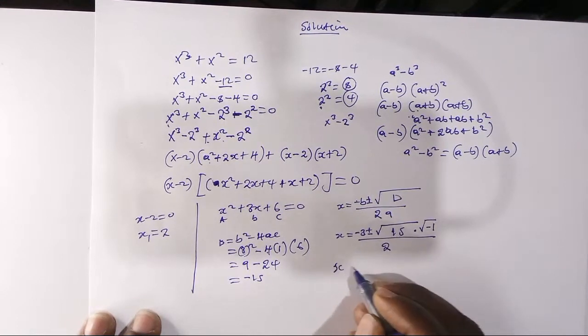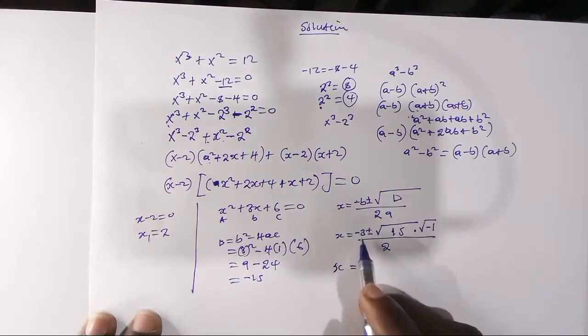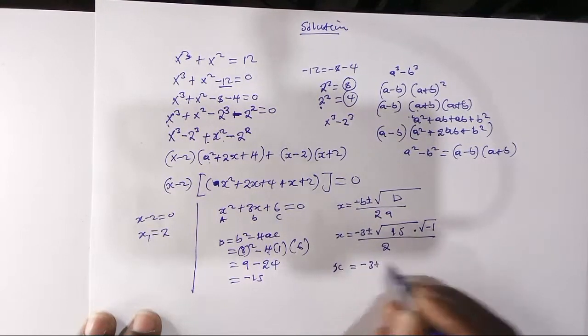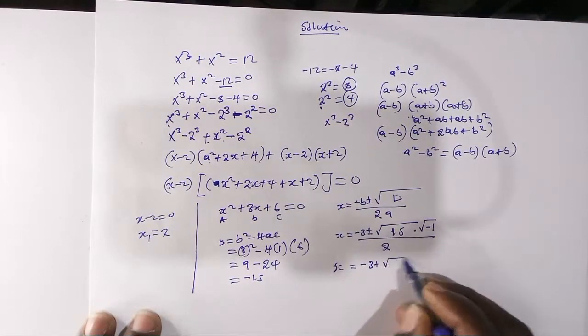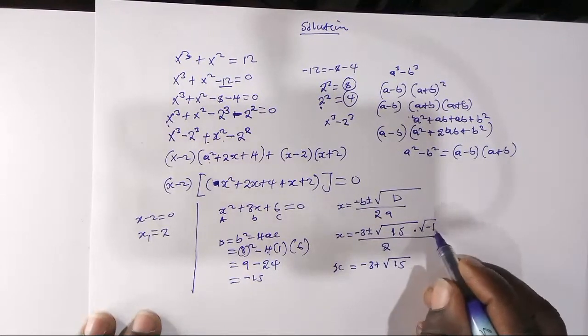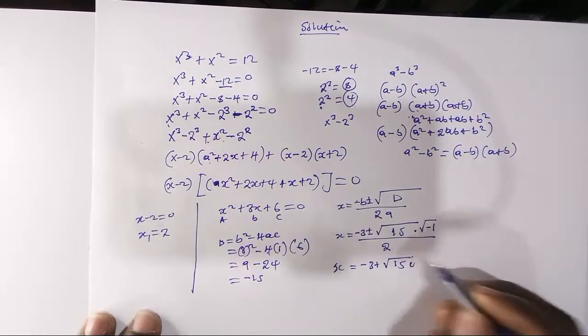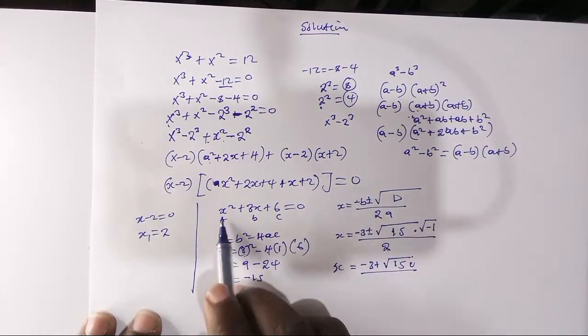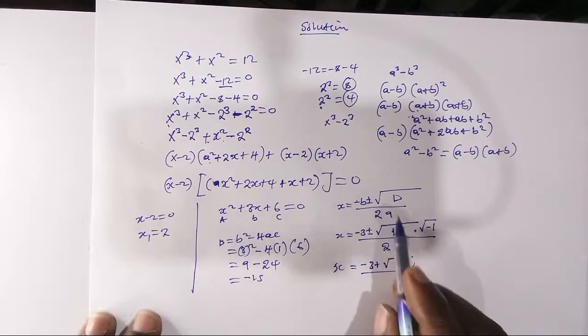Then we get the first choice, which is minus 3 plus the square root of 15 times the square root of negative 1, over 2 times a, which is 1, so 2 times 1, which is 2.